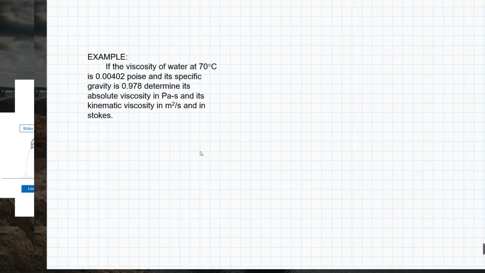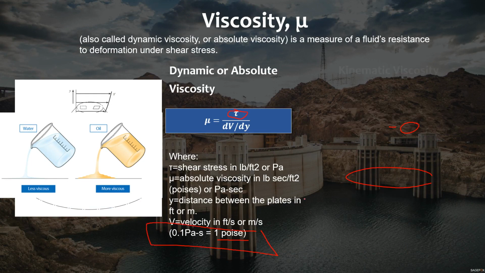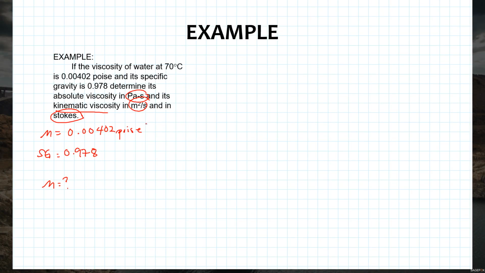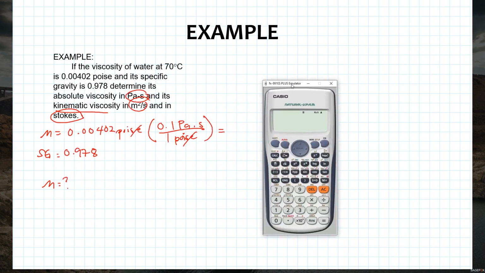Okay? So going back here, 1 poise is 0.1 Pascal second. That's your conversion factor. So, 0.1 Pascal second over 1 poise, when we multiply that to the given absolute viscosity, that will be equal to 0.00402 times 0.1 over 1.